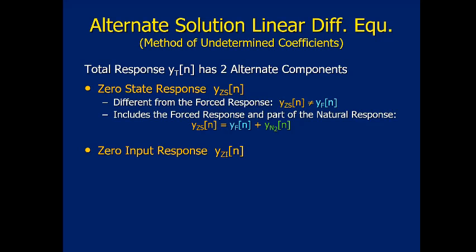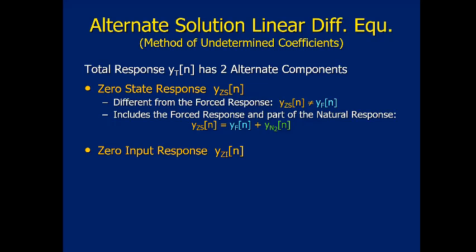The forced response is in there, but the zero state response also includes a piece of what we were calling before the natural response. Because anytime I hit a system with a new input, when I stimulate it with any input, it's going to give me a piece of response that has the shape of the forcing function, but also its inherent design and inherent dynamics will always kick off something that has the shape of its natural response.